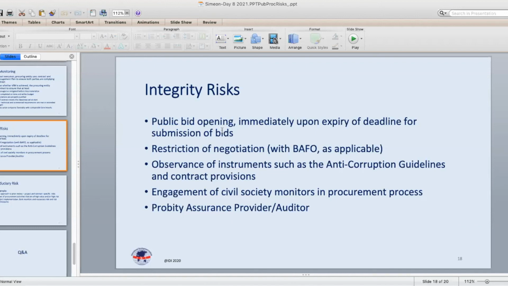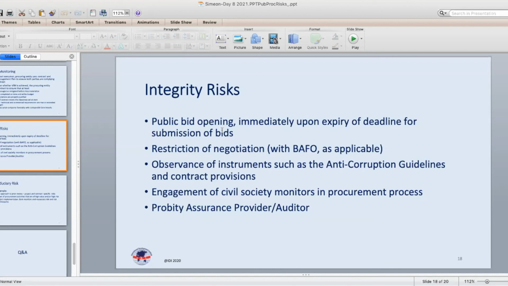One is public bid opening, restriction on negotiations, with the BAFO technique as one way of enabling negotiation, but at the same time trying to mitigate the risk of abuse in negotiation, which is elevated through the best and final offer technique. Then the World Bank, of course, has its anti-corruption guidelines, which are incorporated by reference into the World Bank finance procurement contracts. I mentioned already civil society monitors.